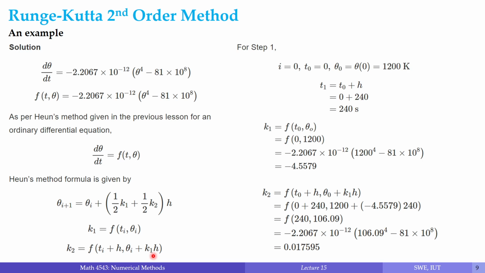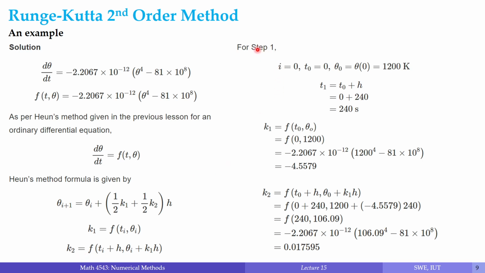So we use the functional value at this particular coordinate in order to come up with the slope k2. Okay, so once we have the values of k1 and k2 at our disposal, we can basically proceed to the next iteration, or the next step, my bad. So it will be the next step.